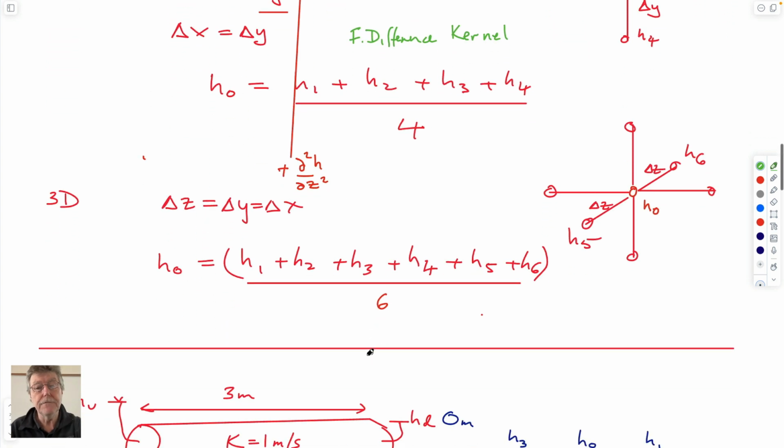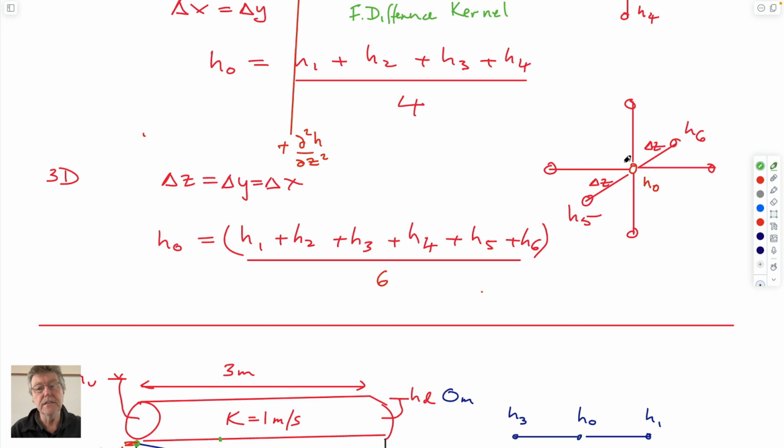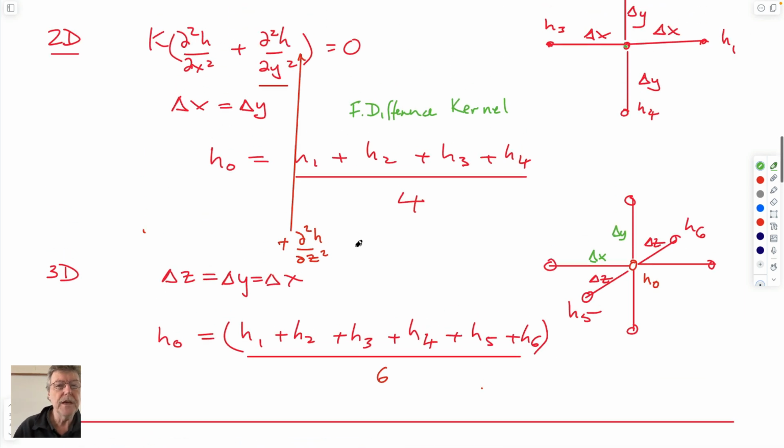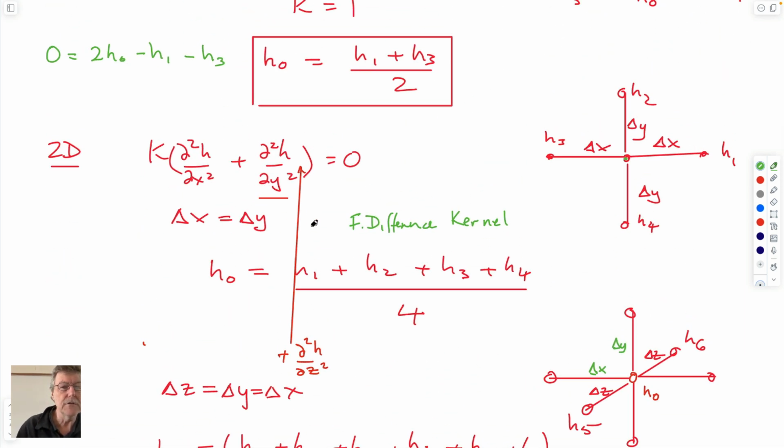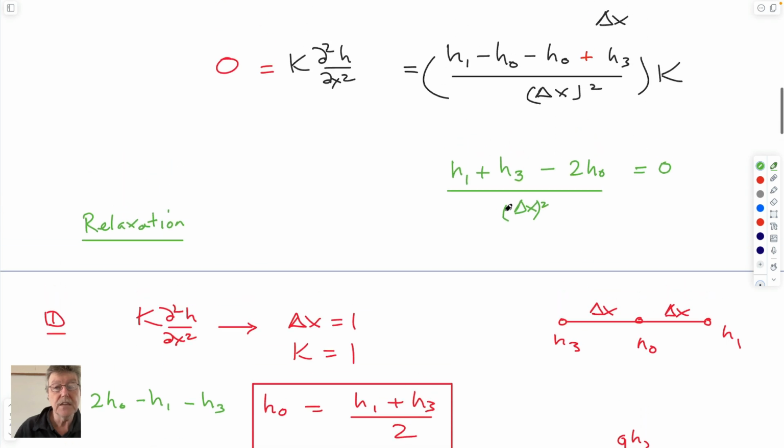And if you do it for a three-dimensional problem, where you have x and y, but also now the z direction, a separation of nodes, I should mention that your values of delta x and delta y don't have to be the same. The mesh can be stretched in one dimension. But if you want to reduce it to get rid of these terms in here, they have to all be the same.